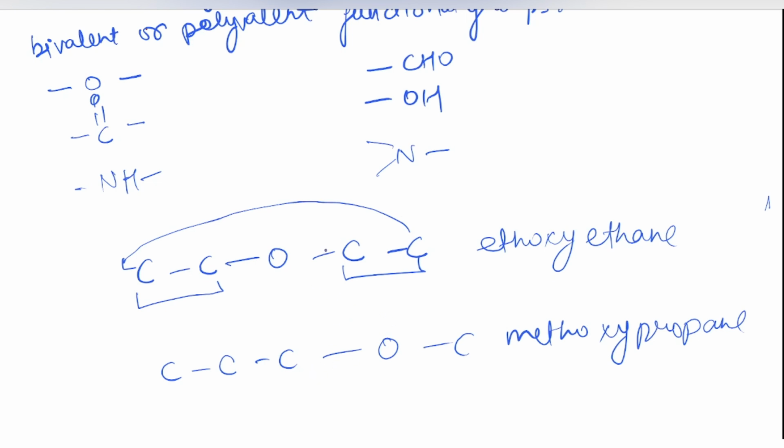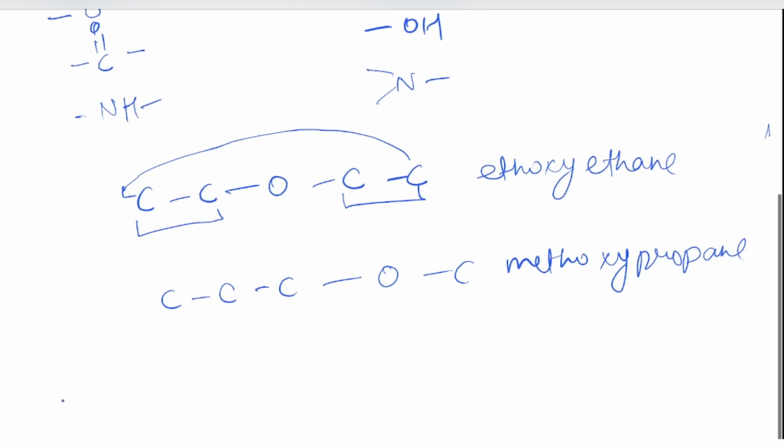Both of them have the same molecular formula, but the structure of both of the molecules is different, and this kind of isomerism is known as meta-isomerism, in which the number of carbon atoms on both sides of the bivalent or polyvalent group changes, but the functional group remains the same.